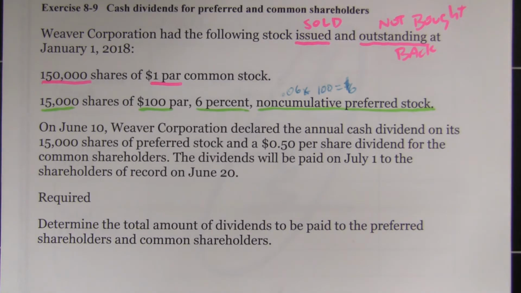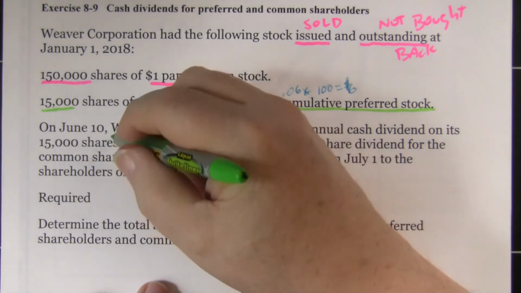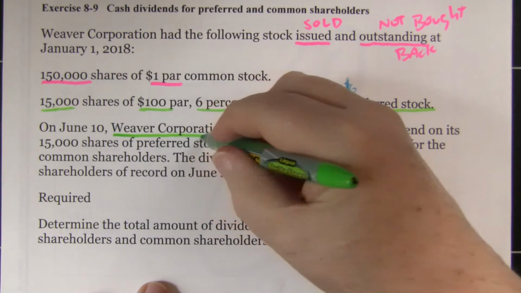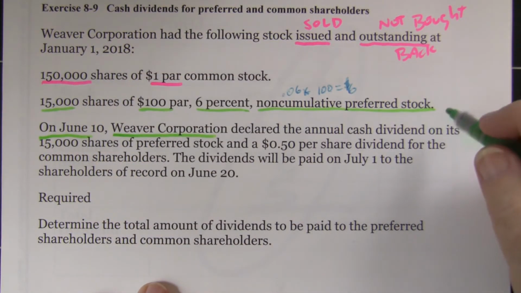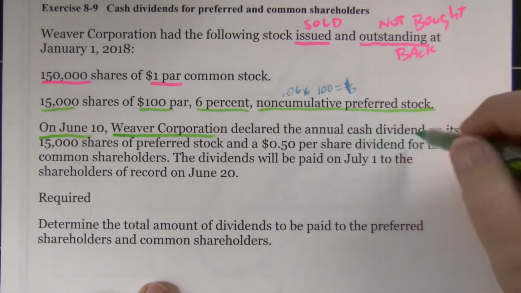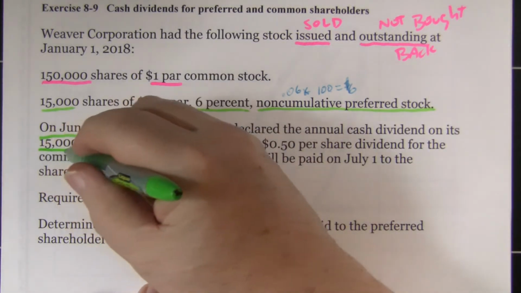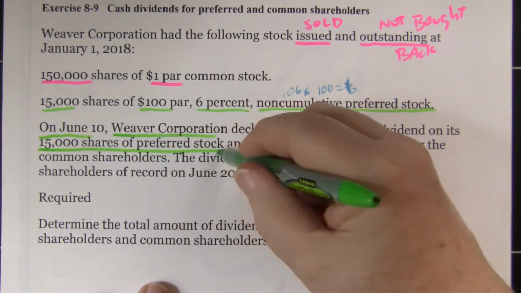They declared an annual dividend on June 10th on its 15,000 shares of preferred stock.